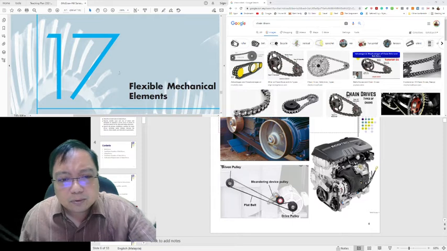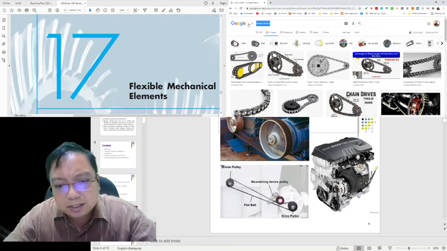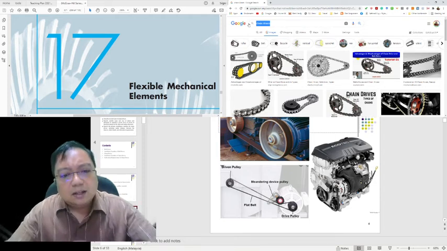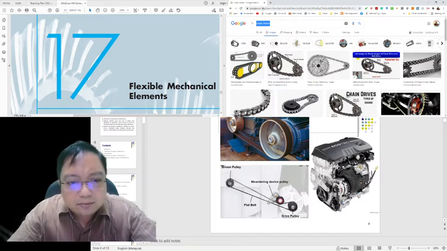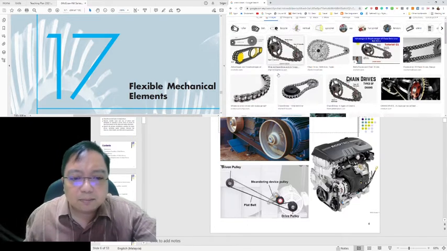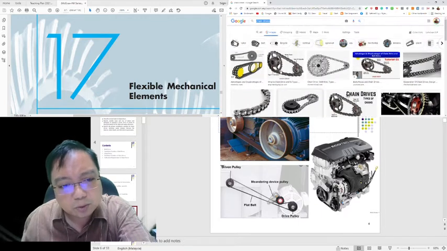So we jump to Google. These are the Google images for chain drive. If you Google chain drive, this is the image you can see in your bicycle. You are familiar with bicycles, I'm sure. Many of you have ridden a bicycle and also a motorcycle.